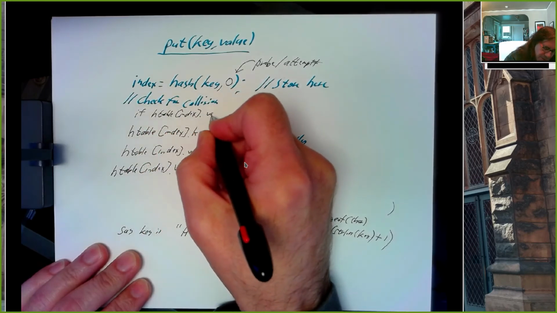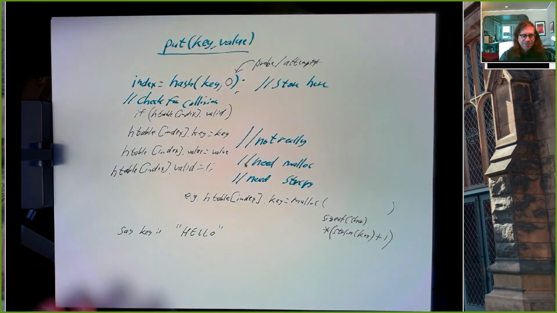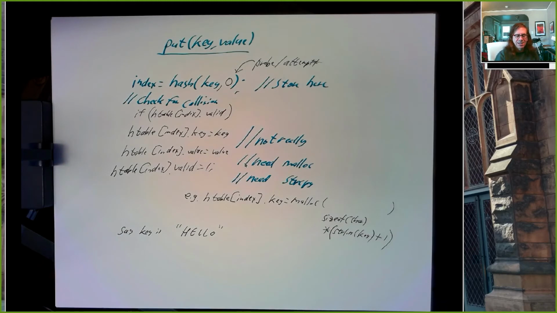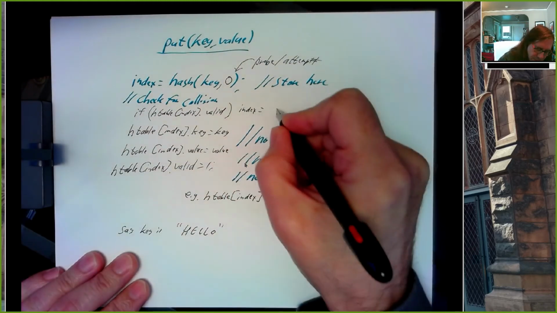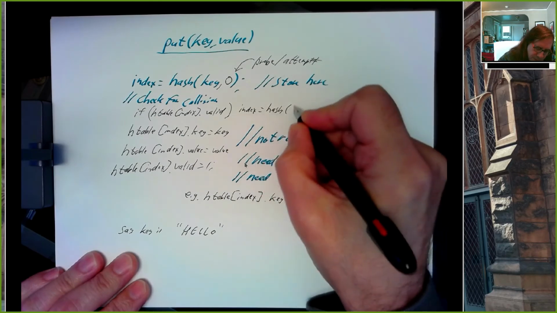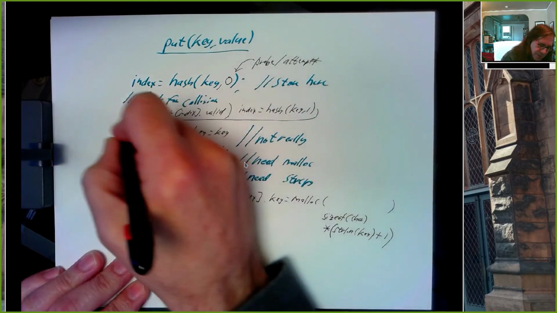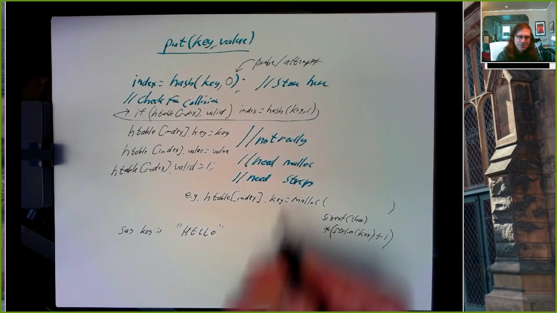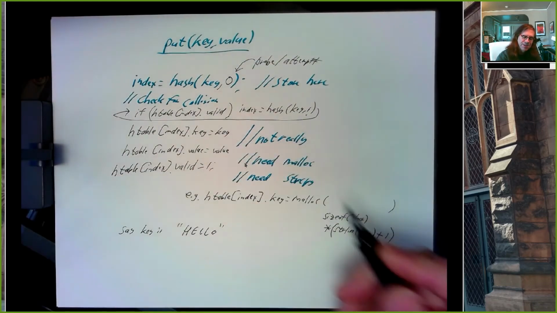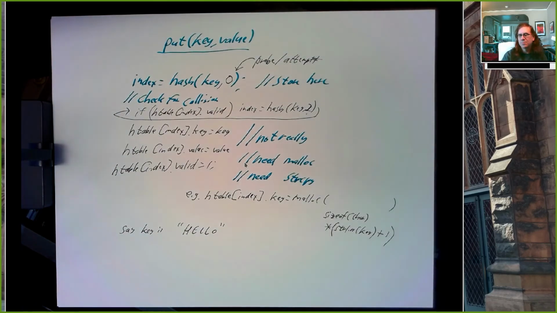I'm going to rewrite this once we're done scribbling. So if the valid bit is set on that location, then rehash and try again. If when we hashed with a probe of 1, we also get a collision, then we need to hash with a probe of 2.